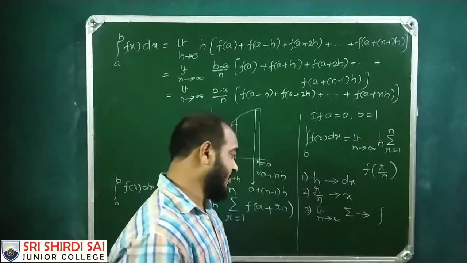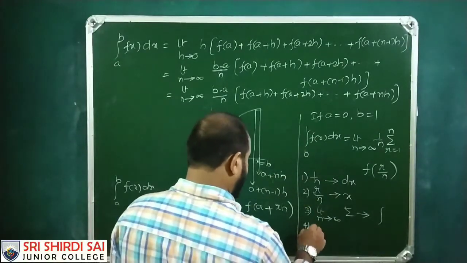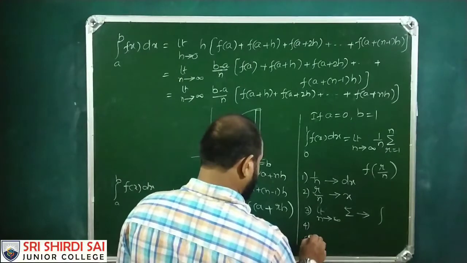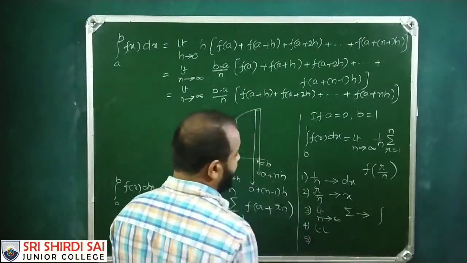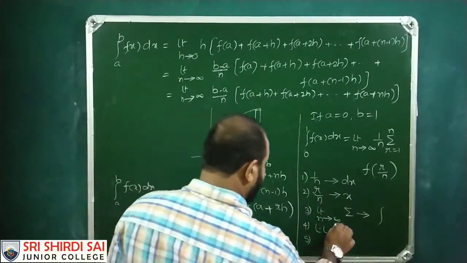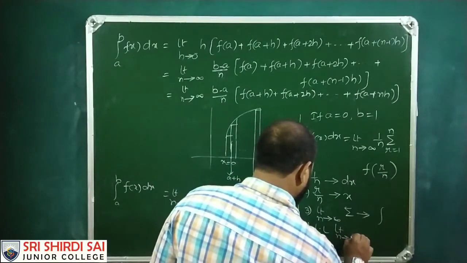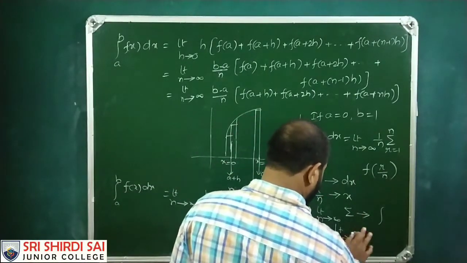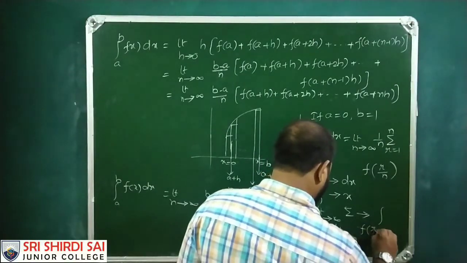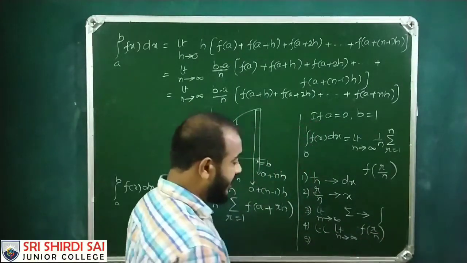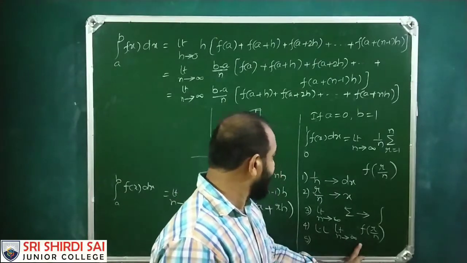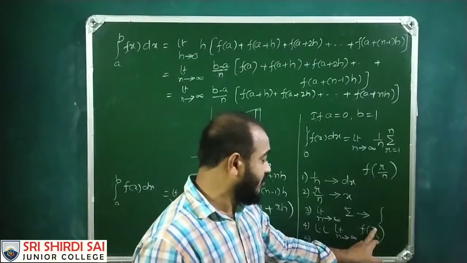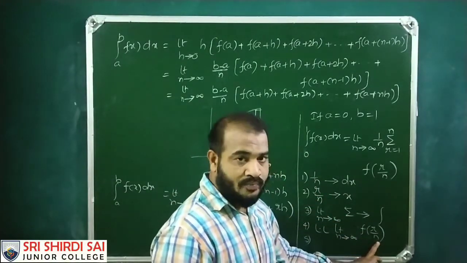This is the integral, with the lower limit and upper limit. So the lower limit is equal to the limit as n tends to infinity of sigma f of r by n. So here if n tends to infinity, if we substitute 0, 0 by n is 0.